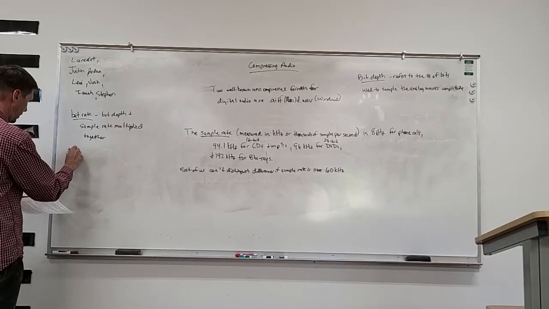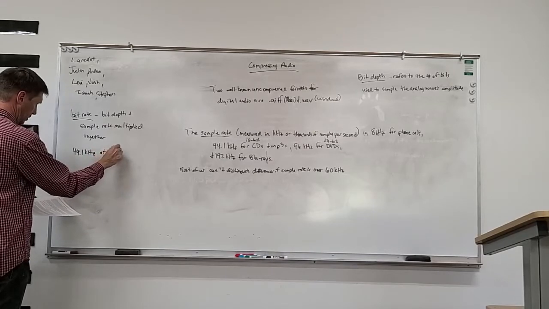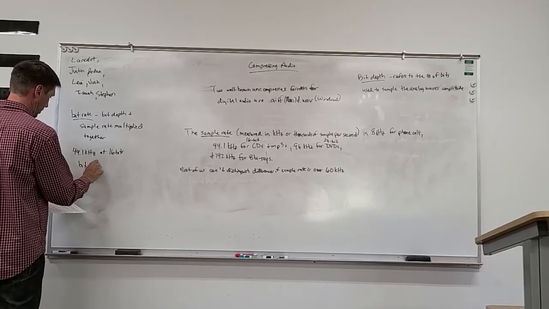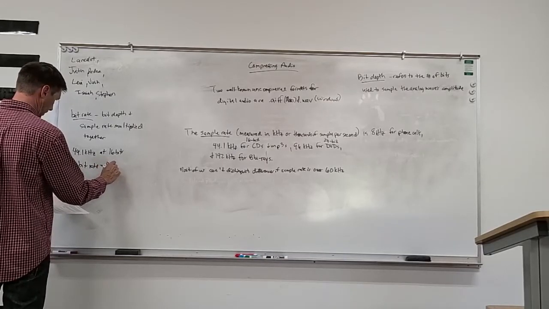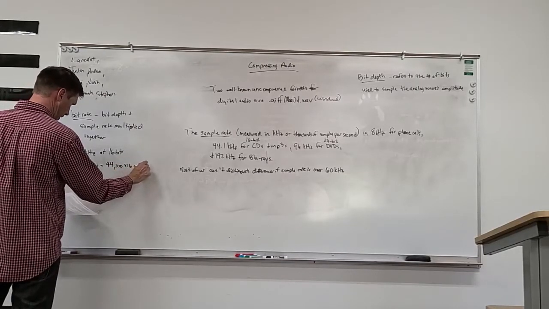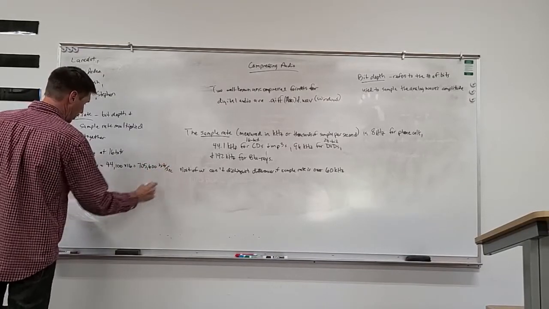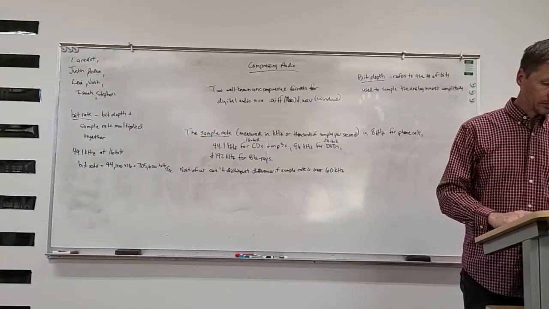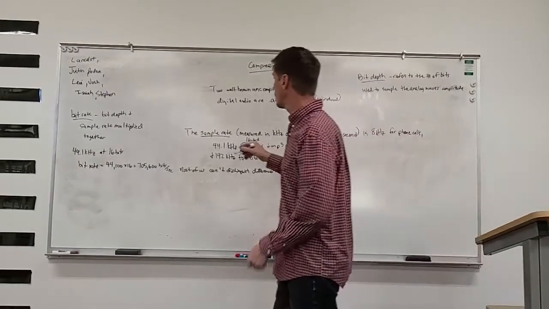So 44.1 kilohertz audio at 16 bits would have a bit rate of 44,100 times 16, which equals 705,600 bits per second. It's just the two multiplied together to get that bit rate.